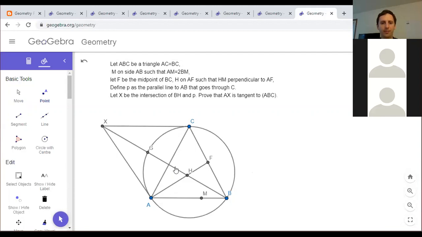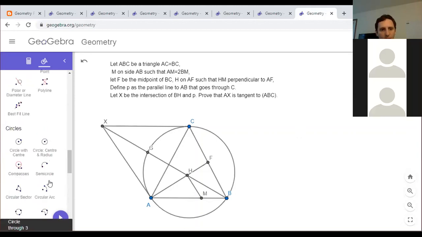Oh wait, what did I do? Oh yeah, okay. HM is perpendicular to AF. We want to show GABC is harmonic, right? Can we project through H or something? I guess this should be something like angle.